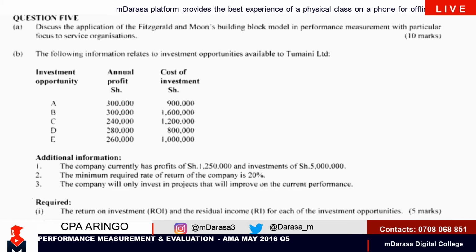And D, we have 280,000. We divide by cost of investment, where I was given 800,000, times 100. Then E, I'm having 260,000. We divide by 1 million times 100. So that is what you are given there.